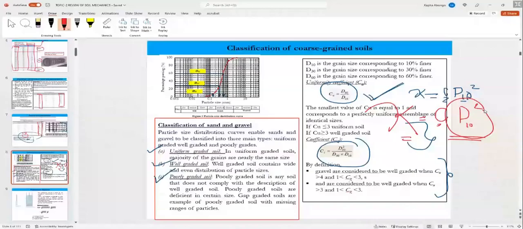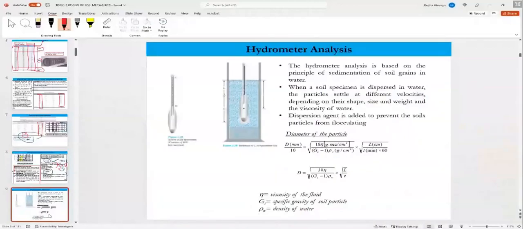All right. So for the particle size, for the hydrometer analysis, this is the principle of sedimentation, where the settling velocity is related to the diameter of the particle.